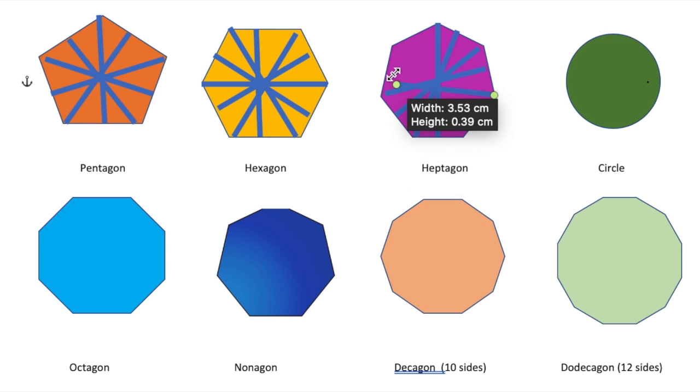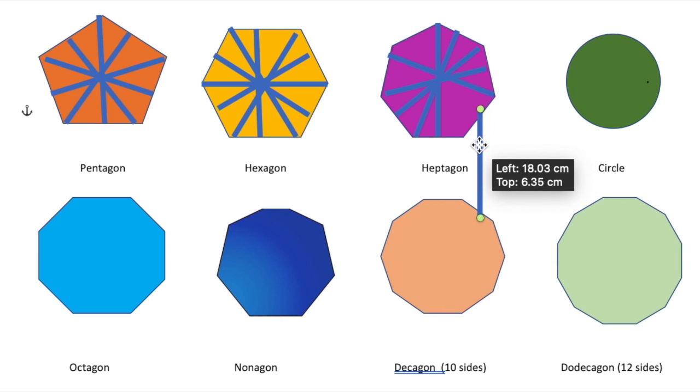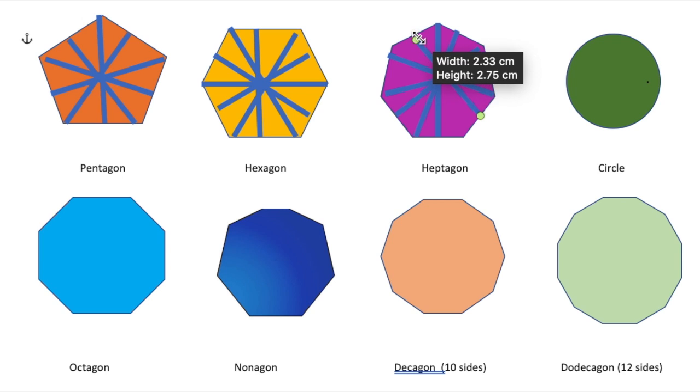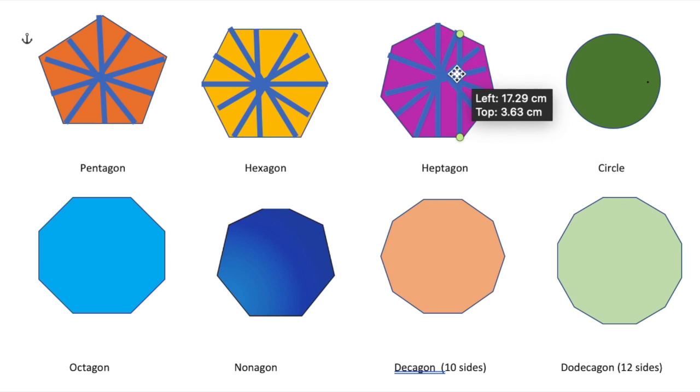Lines of symmetry. So there we go. And now I need a line right here. And there we go. And one more. That should do the trick.